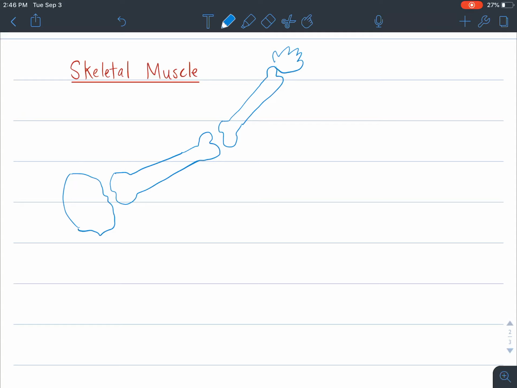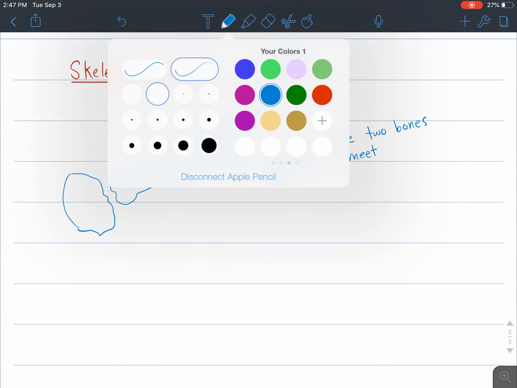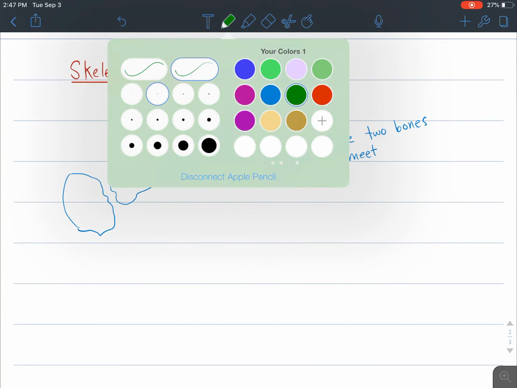If we look at these two bones, where they come together right here, we would call this a joint. A joint is just simply where two bones meet. And in order to keep those two bones together, we actually have a ligament. Let's draw this with green.